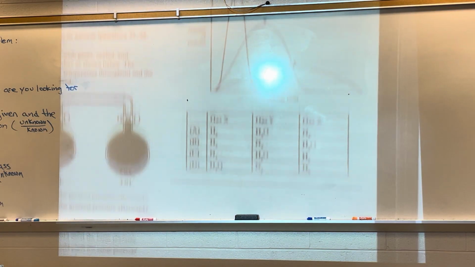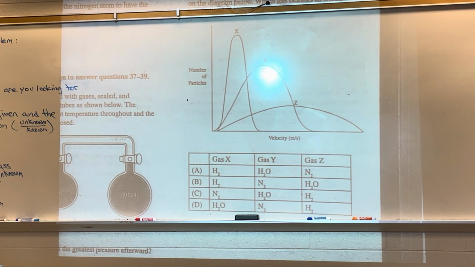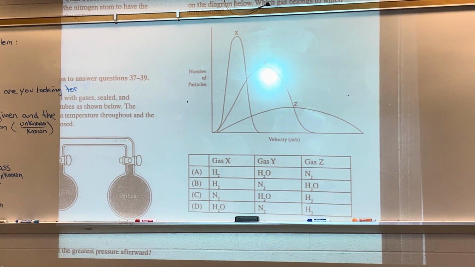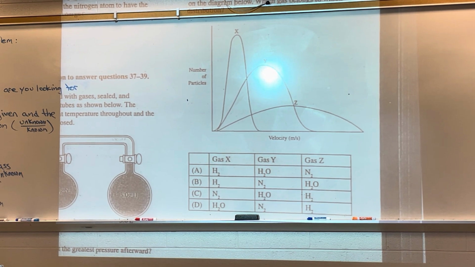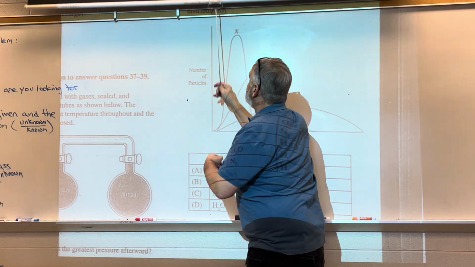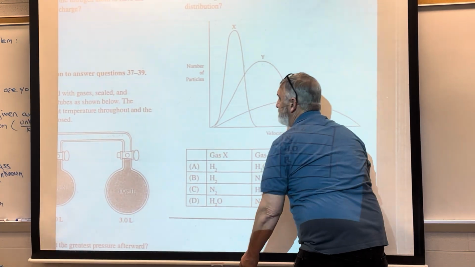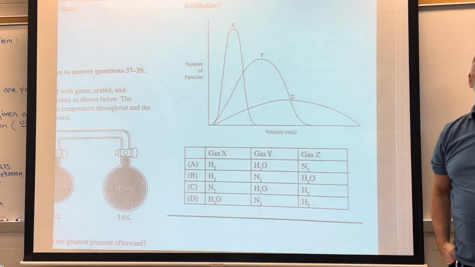All right, here's a complicated Maxwell-Boltzmann temperature distribution graph. X, Y, Z: the velocity distribution of 3 different gases.